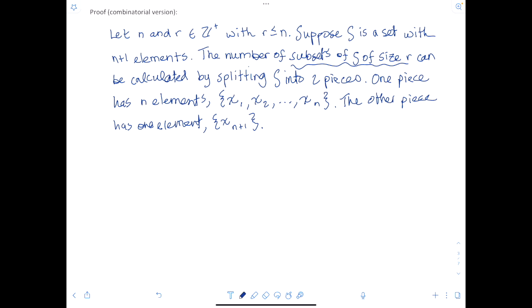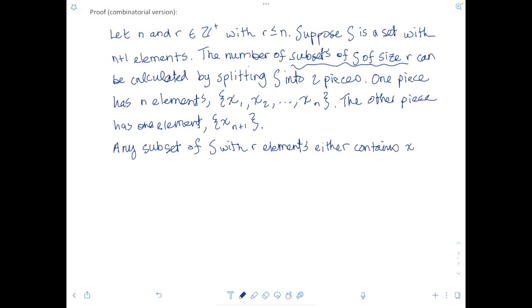If we take a look at any subset of S with r elements, it's either going to contain the x sub n plus 1 or it doesn't, right? Because we've split S.